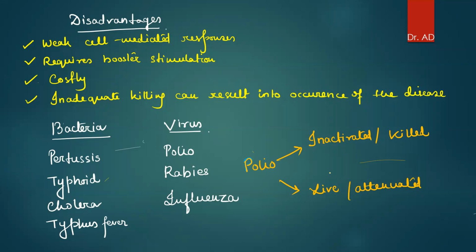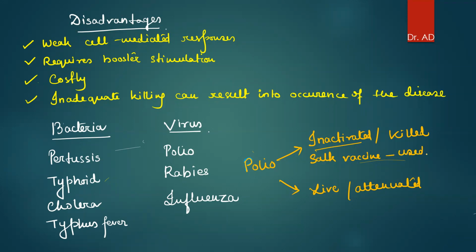Fine. Now see, in this inactivated one, we'll write the example now. When we do live attenuated, we'll talk about that also. The Salk polio vaccine falls under the inactivated or killed one. It is used earlier and injected intramuscularly.